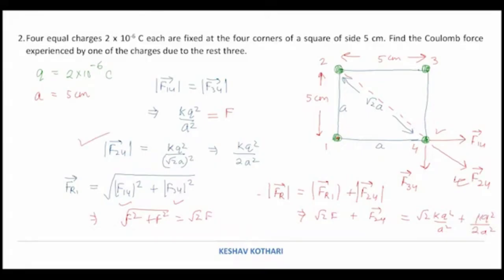So on solving we find that the net resultant comes out to be 27.56 Newton. The only requirement now is to substitute the values of k and q and do the mathematical calculation. Let us move to the next question.